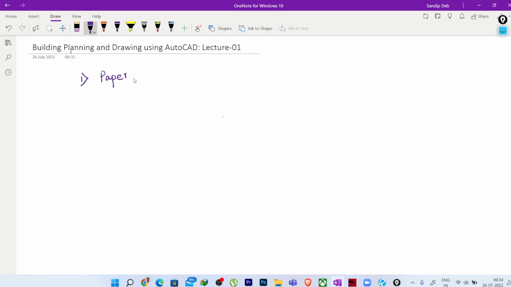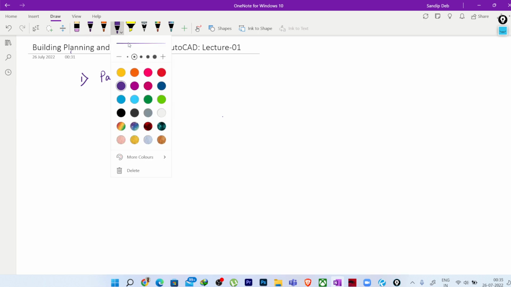Okay, so first of all, we need to understand what sizes of paper are available and how to utilize those papers for printing, or you can say plotting, the drawings that we'll be producing for our construction work. So what we need to understand first is the paper size.